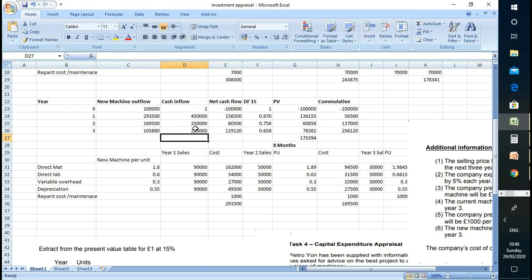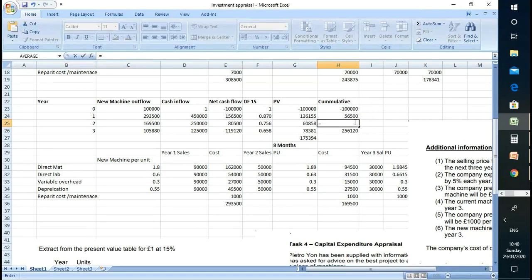So now this NPV is coming positive, the other was negative. Now if we want to check, equal this plus this year's inflow.